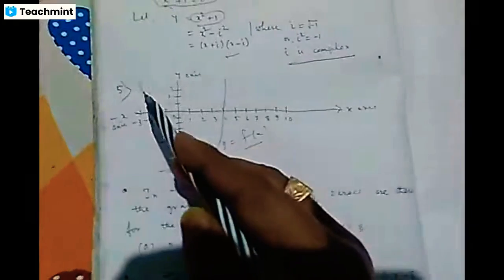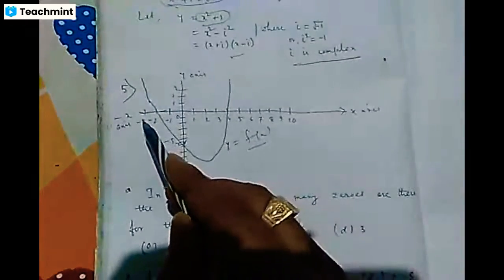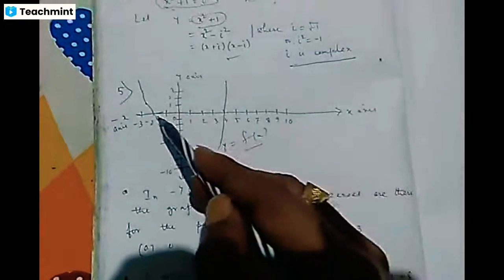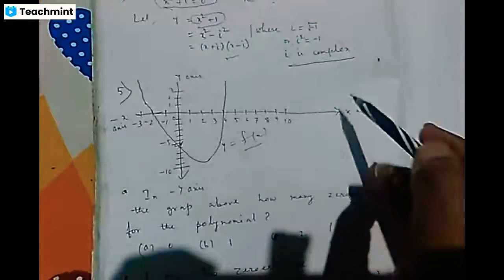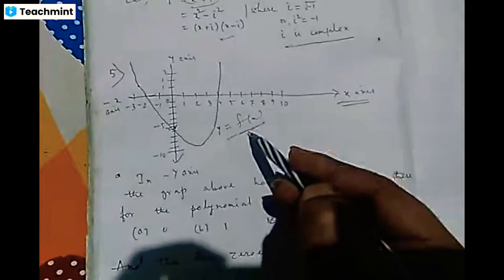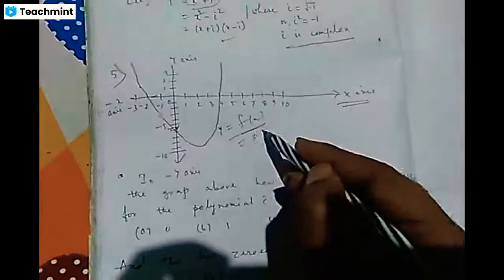So we have to find out where the graph touches the x-axis for the given interval. If you look at this interval, -3 to 5, the graph touches at 2 points on the x-axis. So we have two zeros. So there are two zeros actually for this graph, for this polynomial fx or px.